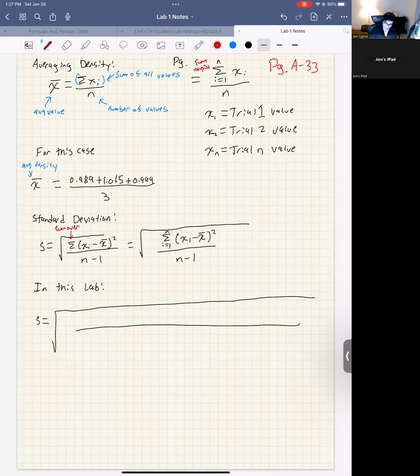So in this lab, you would have your first trial value minus the average value, and these are for density, squared, plus second trial value minus the average squared, plus the third trial value minus the average squared. Put this all over 3 minus 1. N is 3. You have 3 trials.